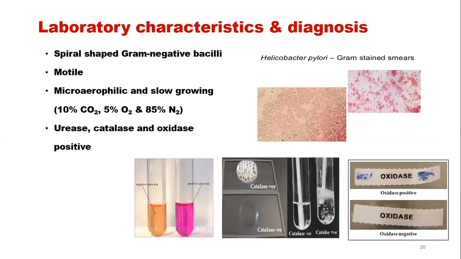So the organism is spiral shaped and it's gram negative. It is highly motile. It is microaerophilic and it takes a while to grow. The biochemical tests that we usually use to identify the organism include urease test, catalase, and oxidase test. The organism is urease positive, catalase positive, and oxidase positive.